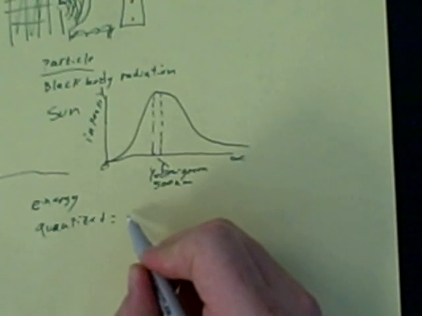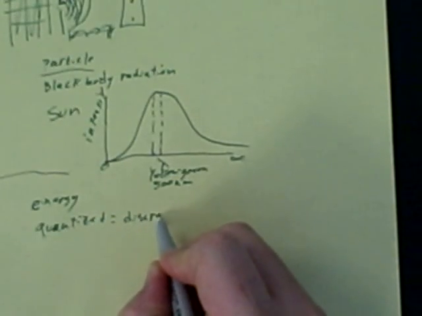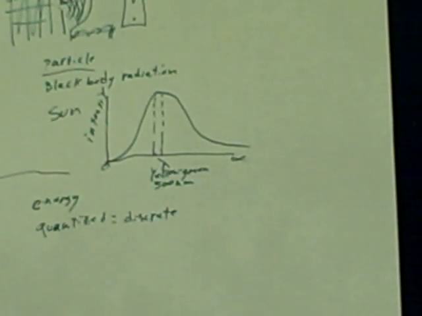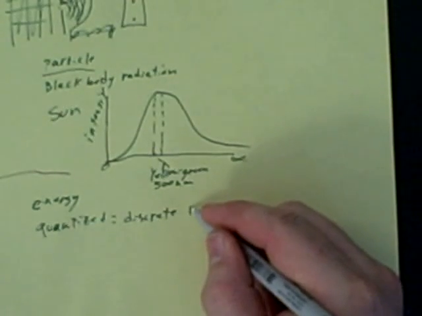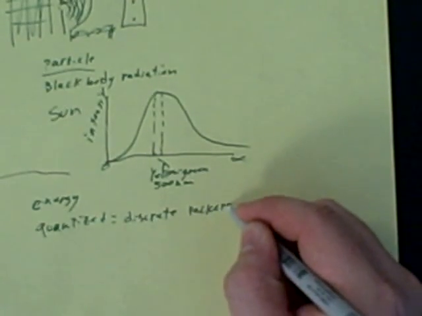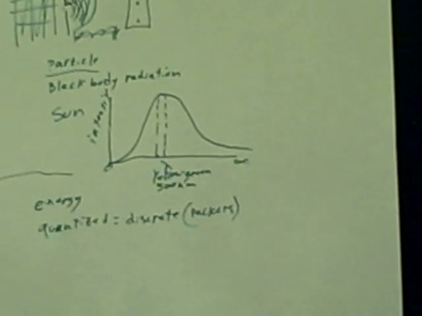Quantized means discrete. Discrete as in that it is packets. So you can't have light with any energy that it wants. Light only comes in very discrete amounts of energy.